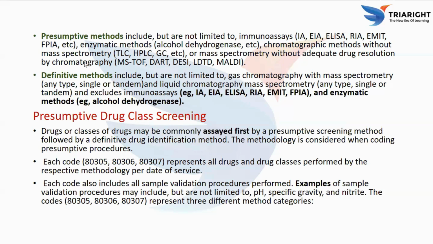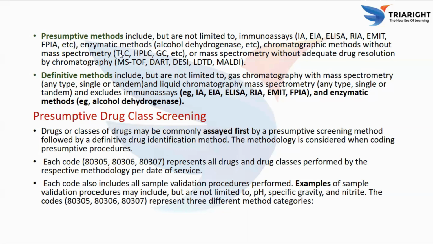So what are the enzymatic methods? For example, alcohol dehydrogenase, which is very commonly used for ethanol. This is often used for alcohol screening, but it is considered presumptive. And next are the chromatographic methods without mass spectrometry.